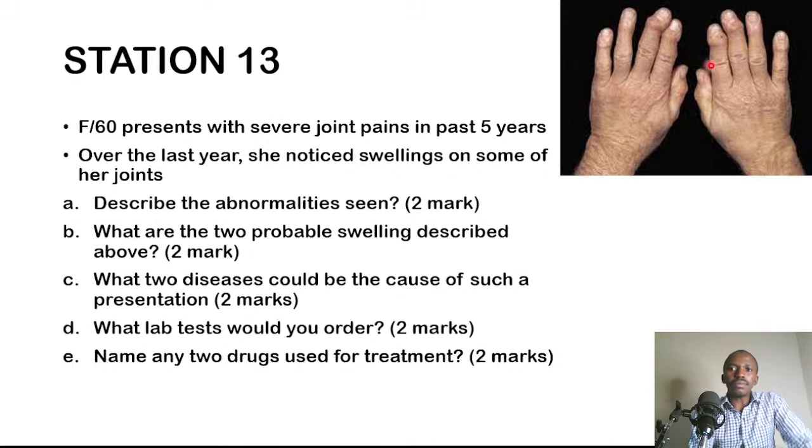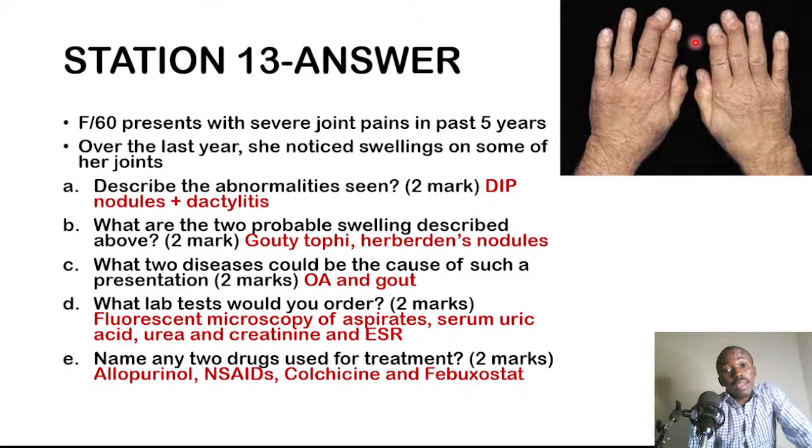Dactylitis is swelling of the digits. So most likely these are either gouty tophi or Heberden's nodules. Heberden's nodules are seen in osteoarthritis. The gouty tophi are seen in gout, obviously.